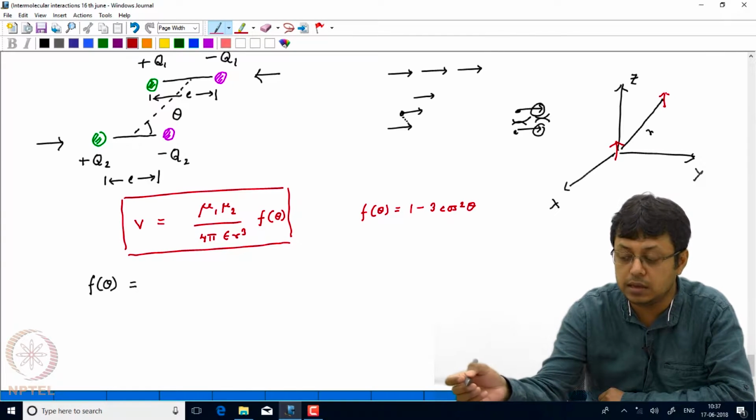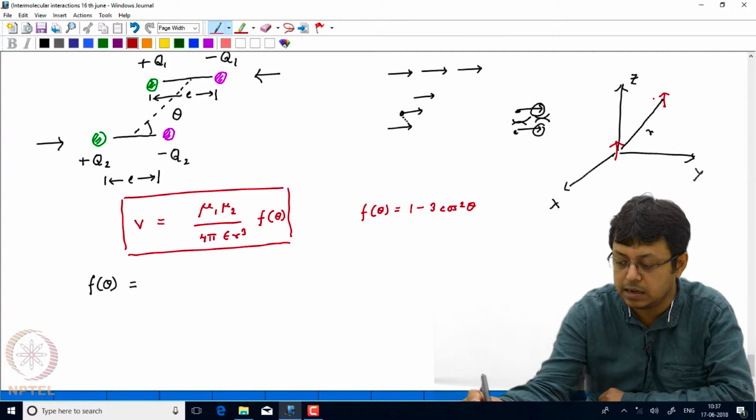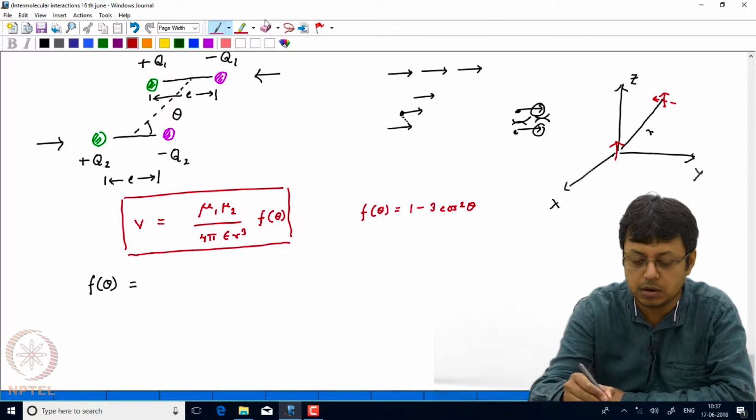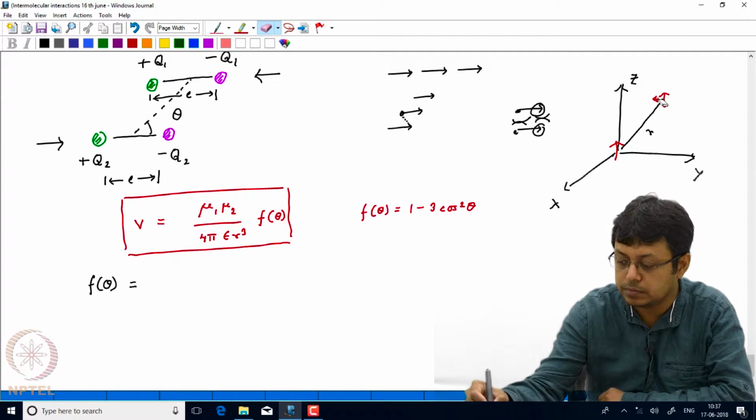We are not considering the tilt of the dipole with respect to the other, meaning if the second dipole gets oriented like this, that we are not considering at this moment.